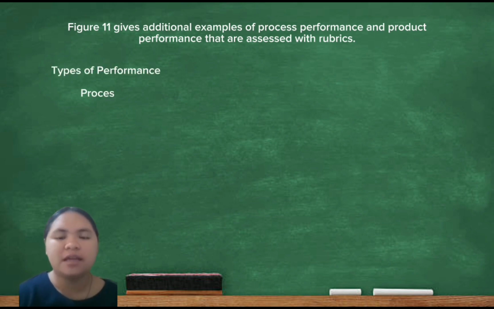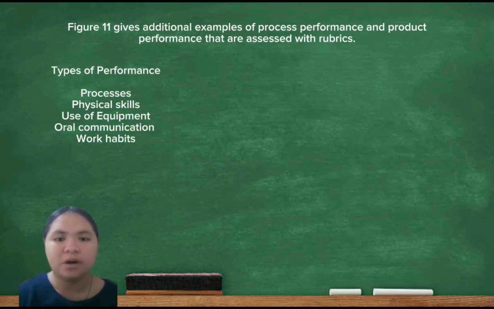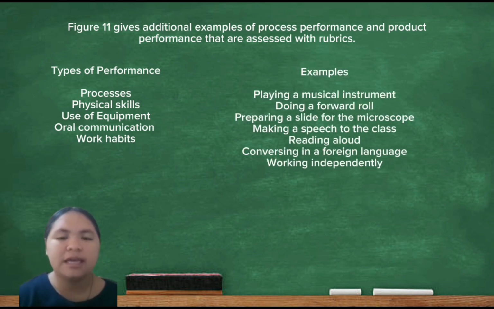So first are the types of performance of process-oriented assessment: physical skills, use of equipment, oral communication, and work habits. Examples are playing a musical instrument, doing a forward roll, preparing a slide for the microscope, making a speech to the class, reading aloud, conversing in a foreign language, working independently.